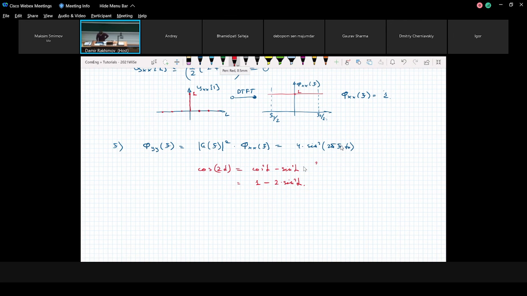And from there, we can say that 2 times sine squared alpha will be equal to 1 minus cosine 2 alpha. So, we can just replace the sine squared above by 1 minus cosine 2 alpha.